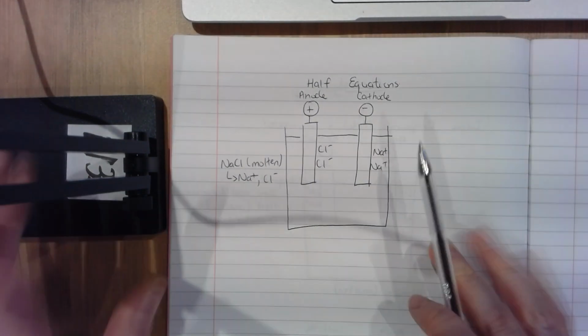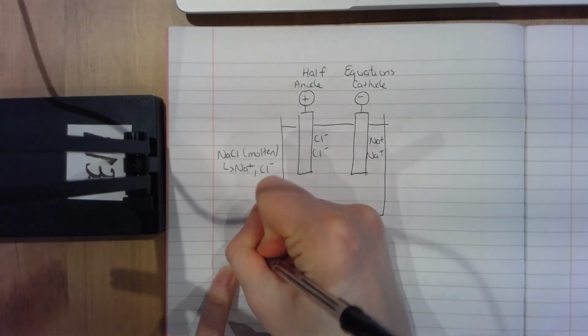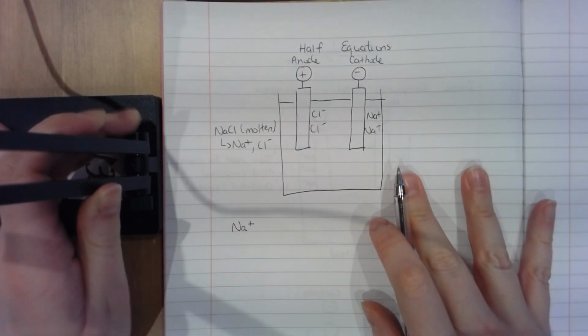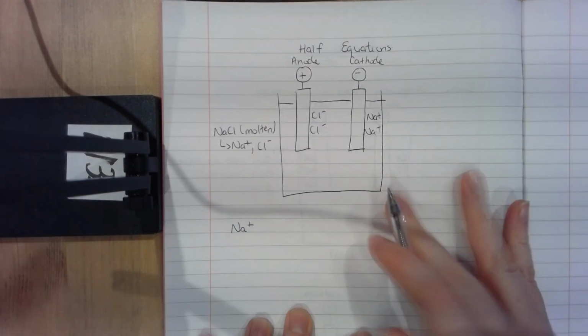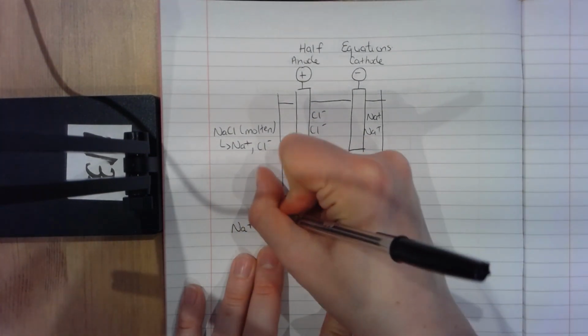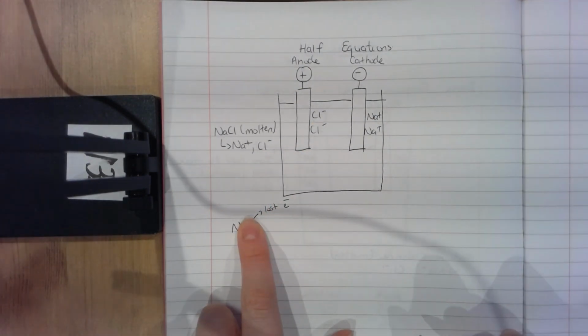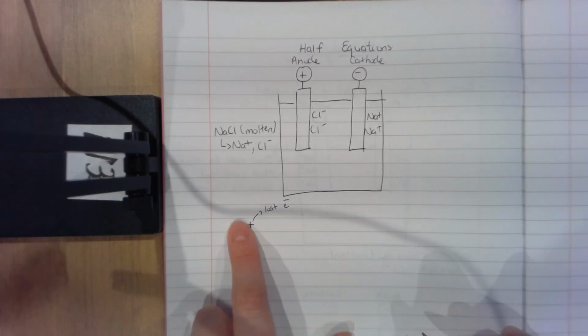If we look at sodium first, sodium is an ion, Na+. It's got a +1 charge because it's in group 1. All group 1 metals have a +1 charge. This +1 charge tells us that it has lost 1 electron. It's in group 1, it has 1 electron in its outer shell.